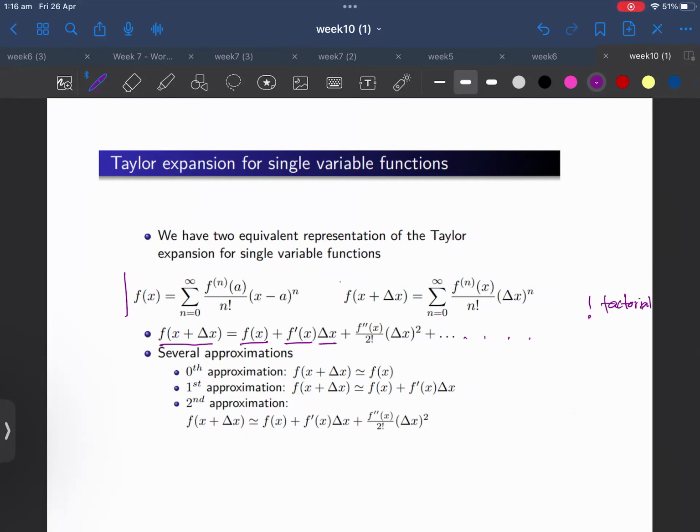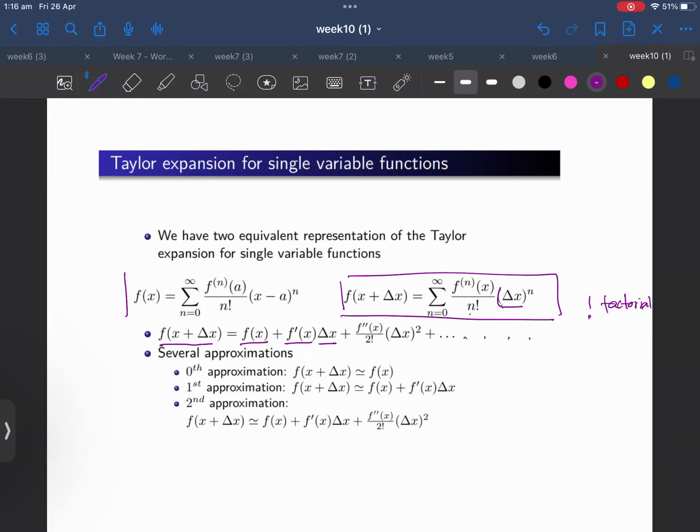We can write it this way as well in the summation. f of x plus delta x equals the summation from n equals 0 to infinity of f to the power n of x over n factorial times delta x to the power n.